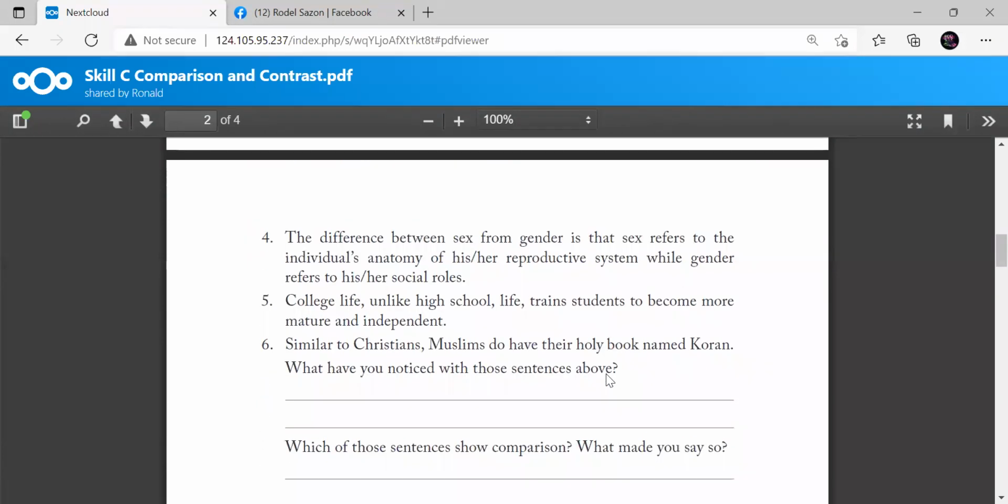Number 4. The difference between sex from gender is the sex refers to the individual's anatomy of his or her reproductive system, while gender refers to his or her social roles. Number 5. College life, unlike high school life, trains students to become more mature and independent. Number 6. Similar to Christians, Muslims do have their holy book named Quran.